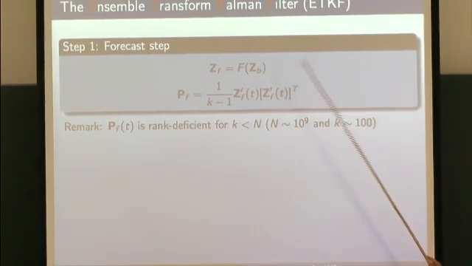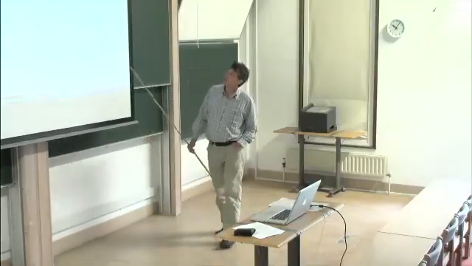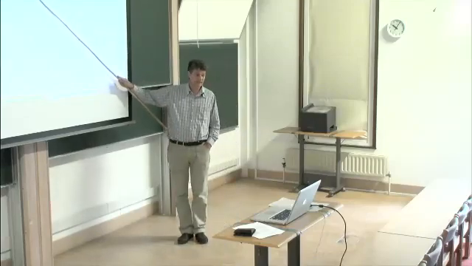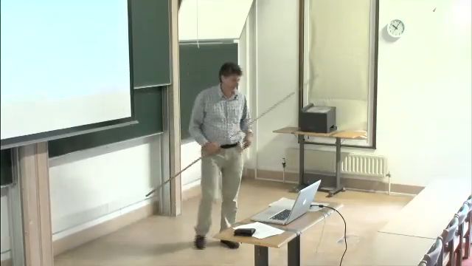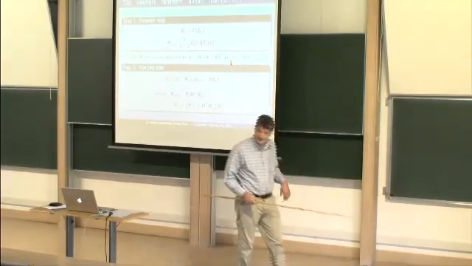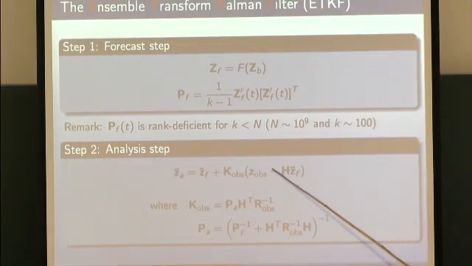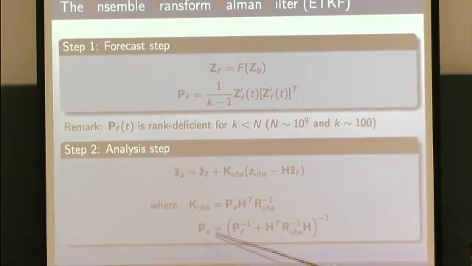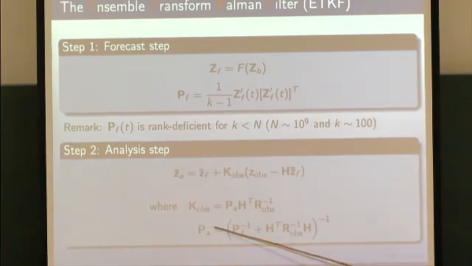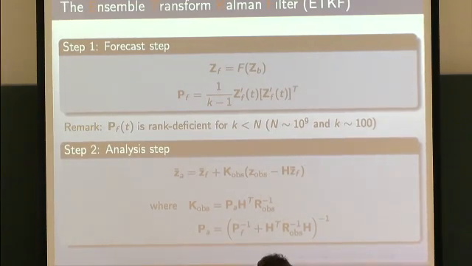So we get that one for free. Usually P^f is rank deficient because the number of ensemble members k is usually much smaller than your state space. Then we have to do the analysis, and the analysis is given by the standard Kalman formula that we get by minimizing this cost function. And we get an analysis error covariance matrix P^a. We get that for free, so we know how much we can trust our analysis.